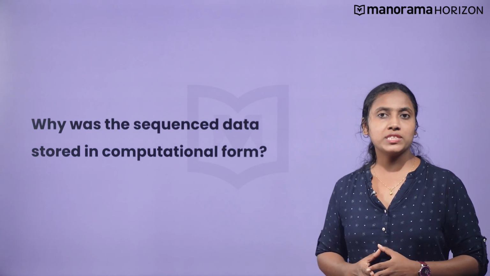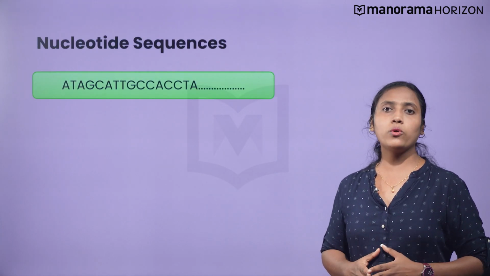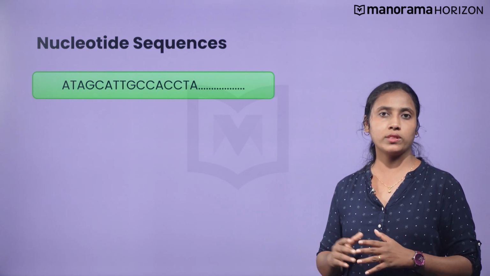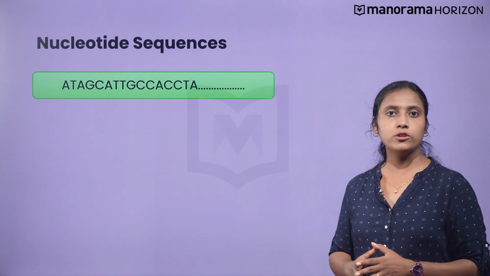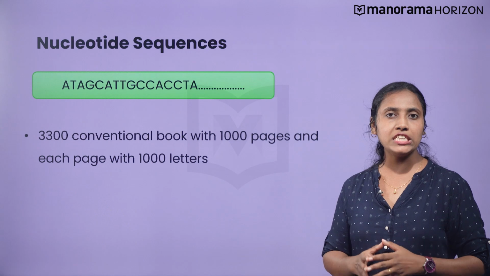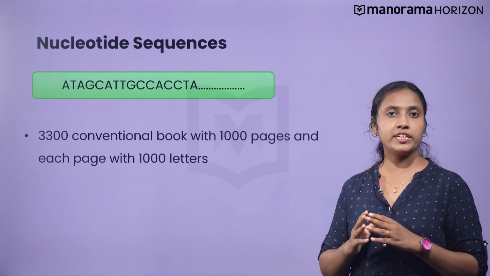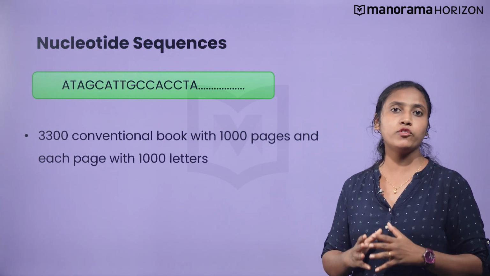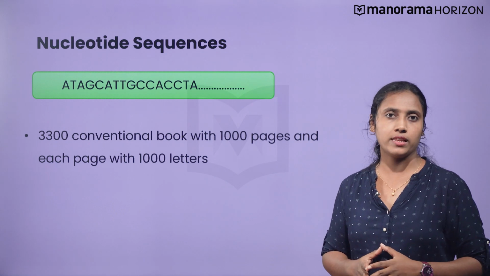Why was the sequence data stored in computational forms? We know that nucleotide sequences are written in the form shown on the screen. If we had to store the data in conventional books, it would take 3,300 books, with each book containing 1,000 pages and each page containing 1,000 sequences or letters, to store the information of DNA sequences from a single human cell.